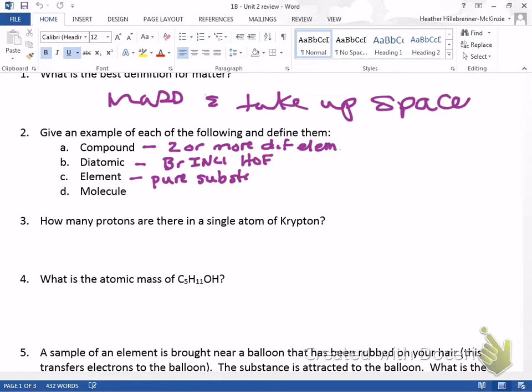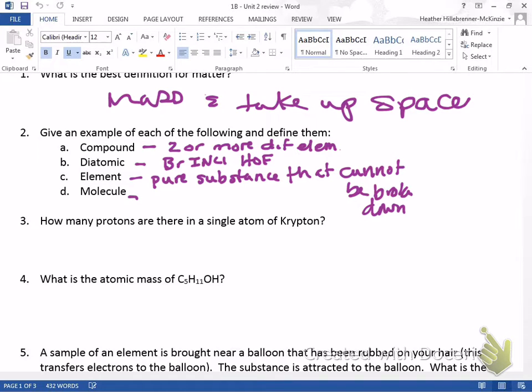Okay, so smallest form, a pure substance that cannot be broken down. What's another word for cannot be broken down? Indivisible? Okay, we know that we could divide the atom, but if we divided the atom, would it still be the same element? Right? So that's one that we can say is indivisible, right?